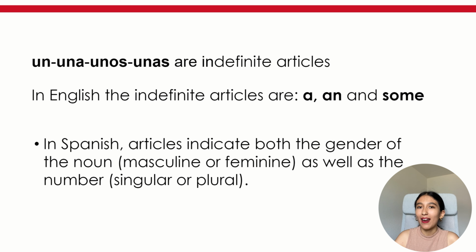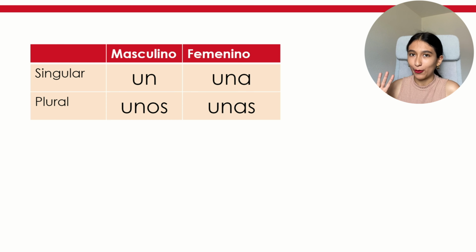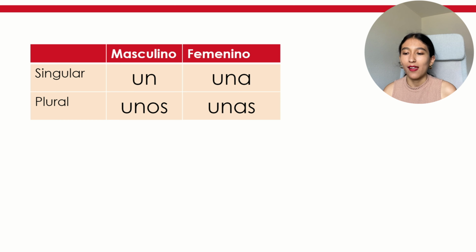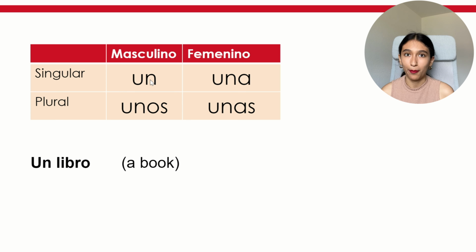But now to see them better, I have here in the table the 4 articles. Okay? First, on the top left, I have un. Un, it's used with singular and masculine nouns. Masculino, singular, un. Por ejemplo, un libro, a book. ¿Sí? Un libro.